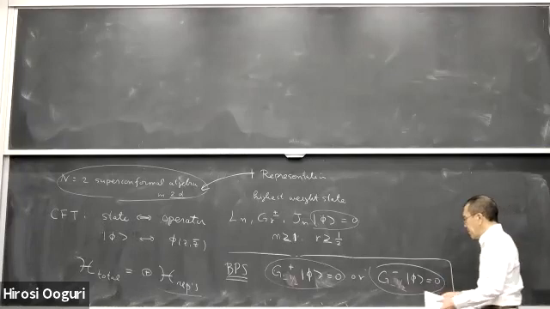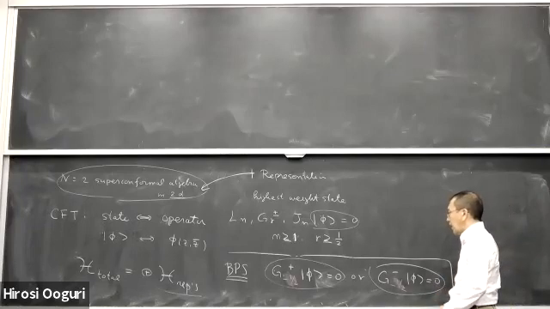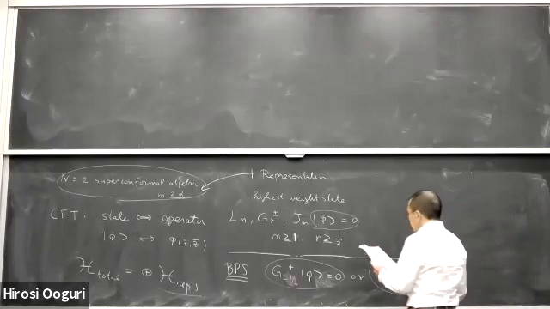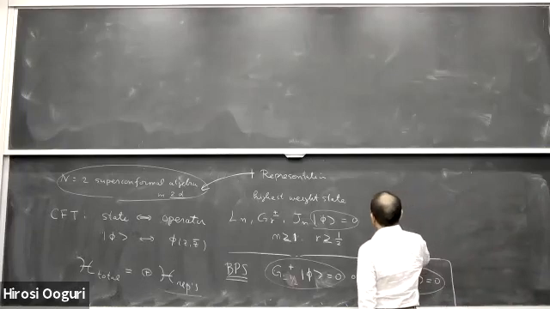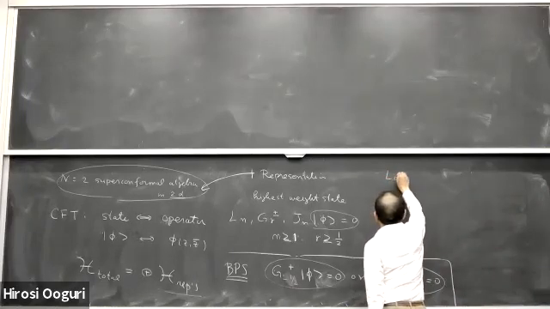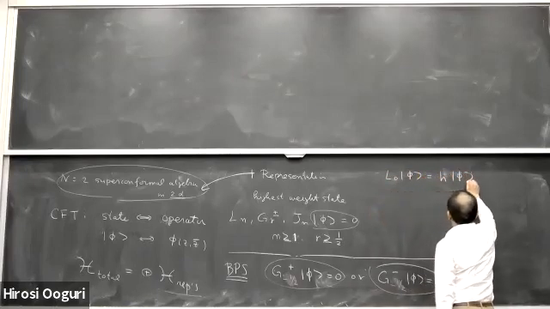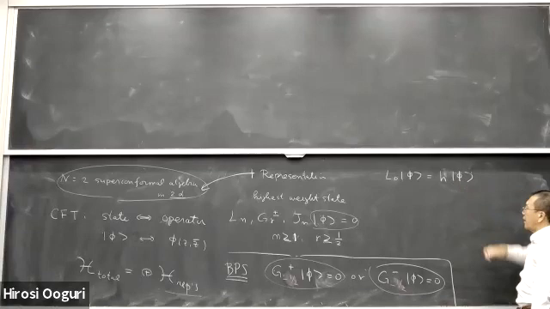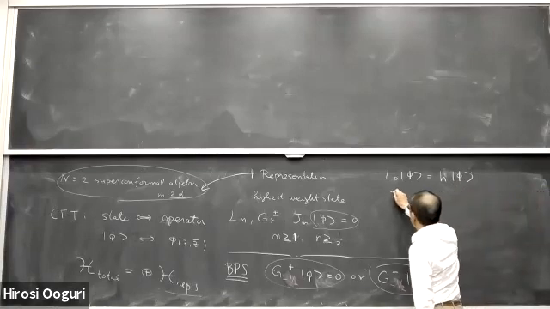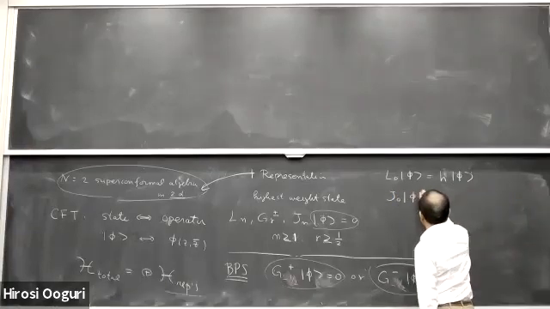Okay, so now suppose you have such a BPS state, and one of the features of this BPS state is that in general, if you have a highest weight state, you can choose the highest weight state to be an eigenstate of L0, the Virasoro generator, and J0, the charge.